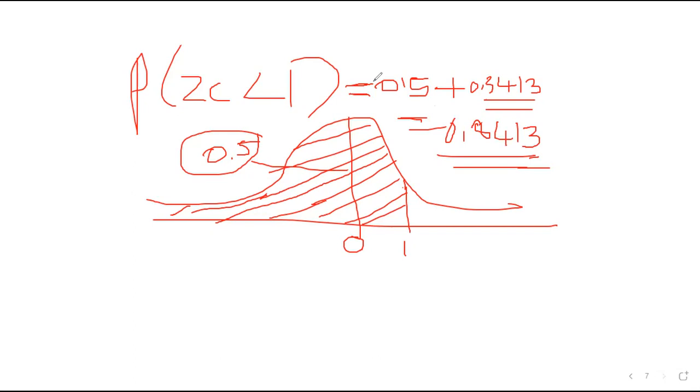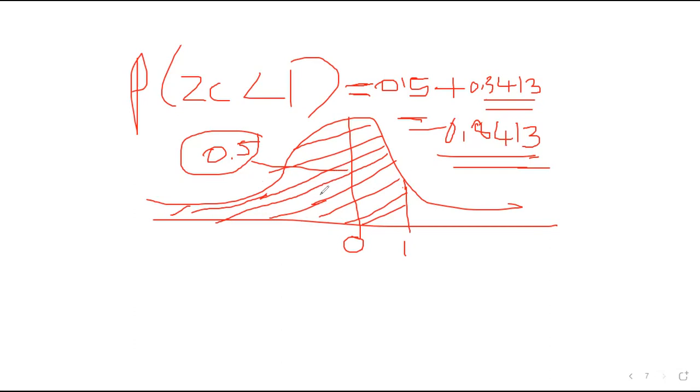Yes. So this one that we've calculated, we have to standardize it. Yes, we are supposed to standardize. So the 0.3413 is from the Z table. Then we add it to the other half, the 0.5.